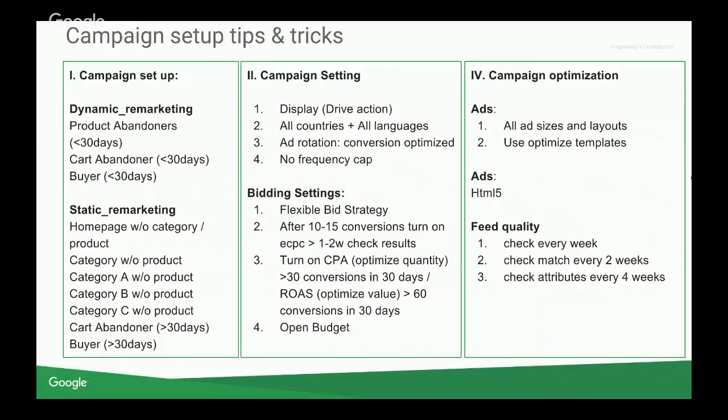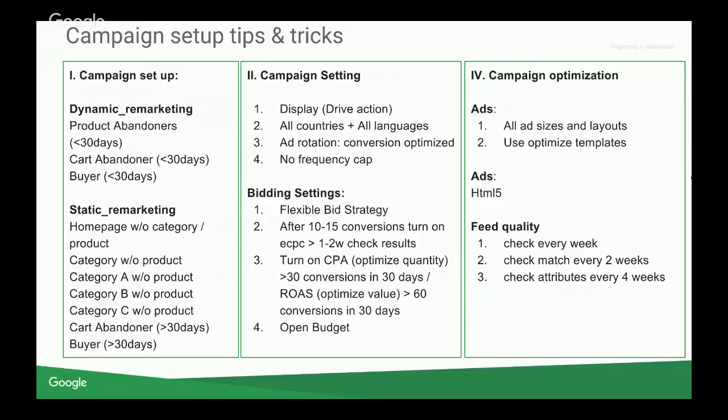And obviously, once you start to generate more and more conversions, let's say some 30 plus conversions in 30 days, that's some optimum quantity. Then you can also turn on your CPA, because most of your marketing objectives are going in the direction of the acquisition of clients, meaning generating sales.